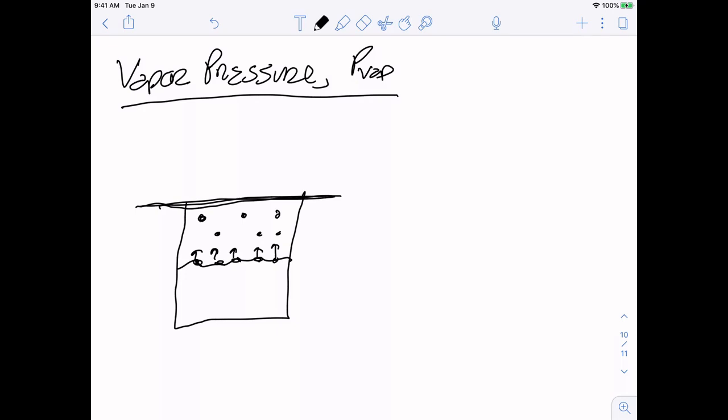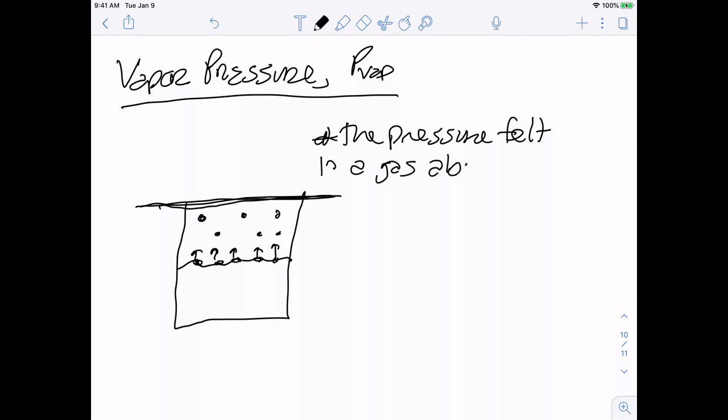Remember, pressure is defined as the forcefulness of those collisions, right? If I have more particles, I'm going to collide more often, my pressure is going to go up. So our definition is the pressure felt in a gas above a liquid in a closed container.